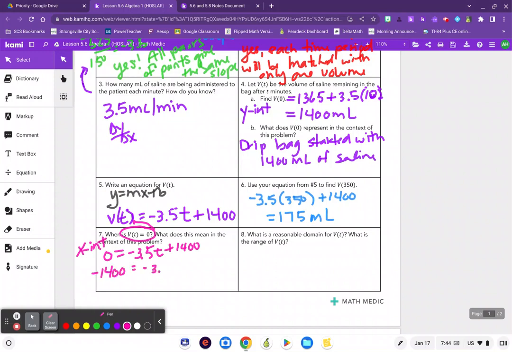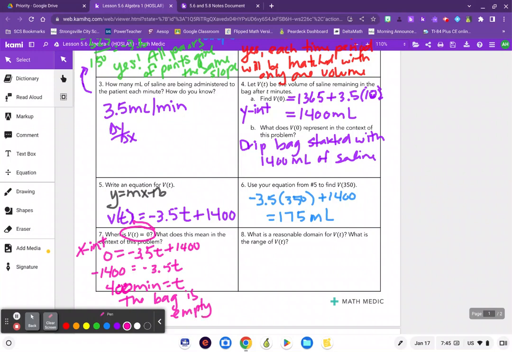So I get negative 1400 equals negative 3.5t. I'm going to divide both sides by negative 3.5, and when I do that, I get 400 minutes. And so after 400 minutes, the bag is empty. My volume is 0, so the bag is empty.